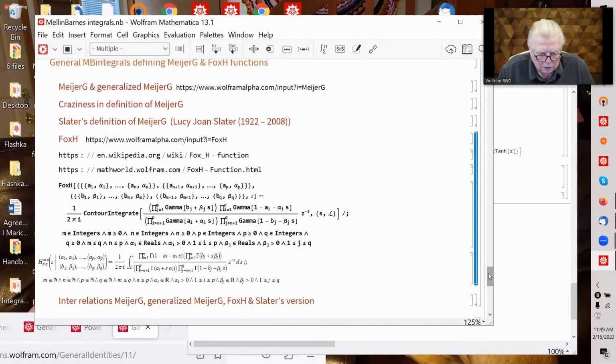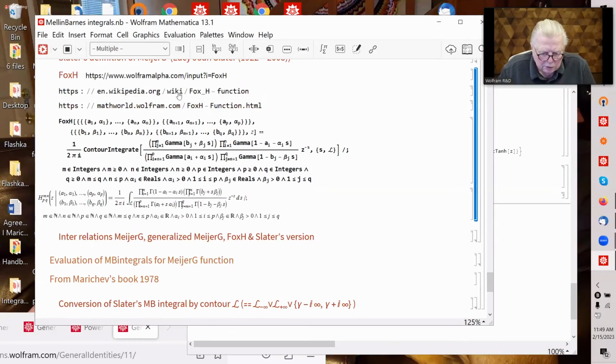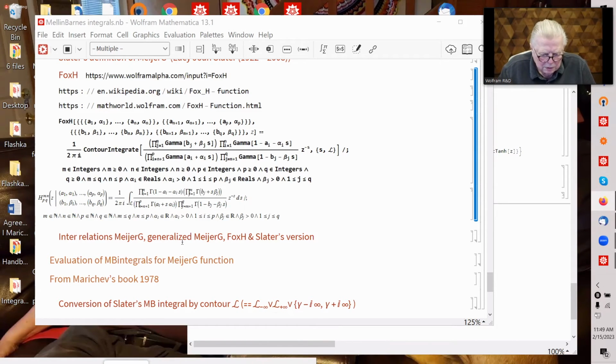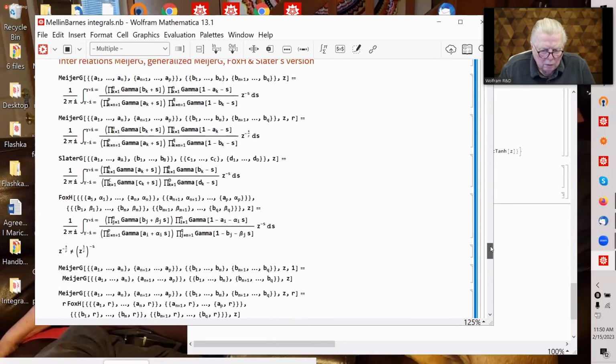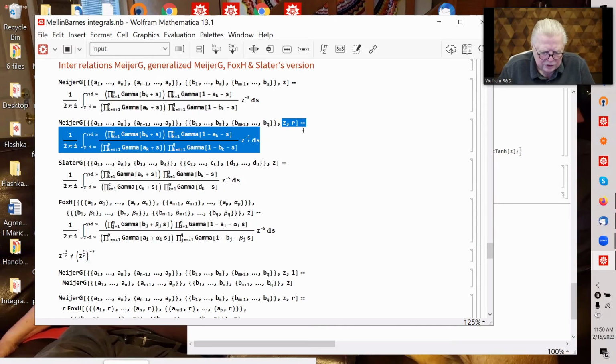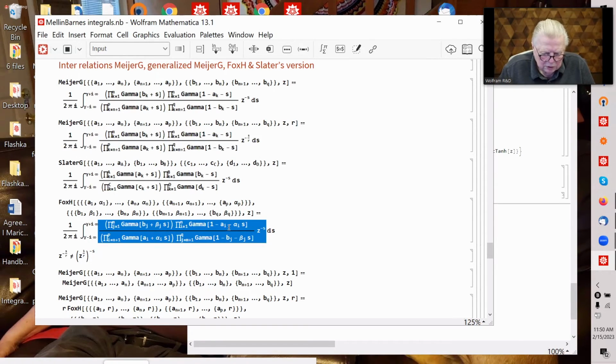Fox-H. Now, Fox-H, more information you can read if you go to these links. I have links to corresponding places. And here, interrelations. I collected all this Meijer G, generalized and usual, and Slater format, and then this format Fox.